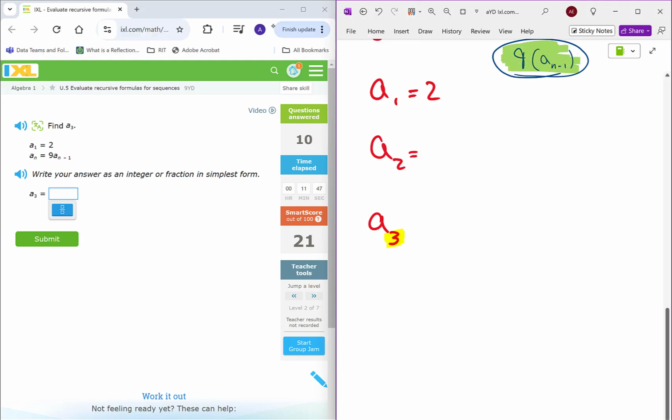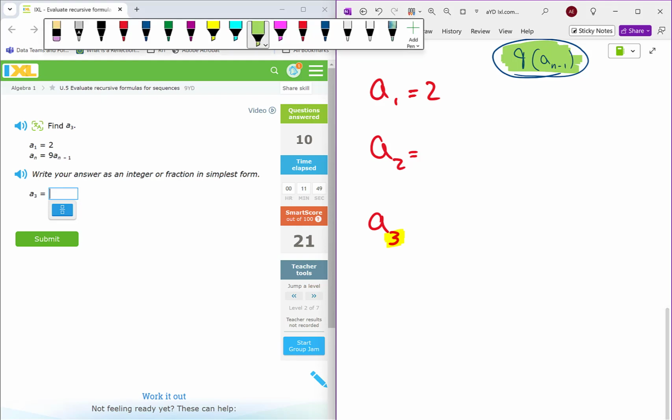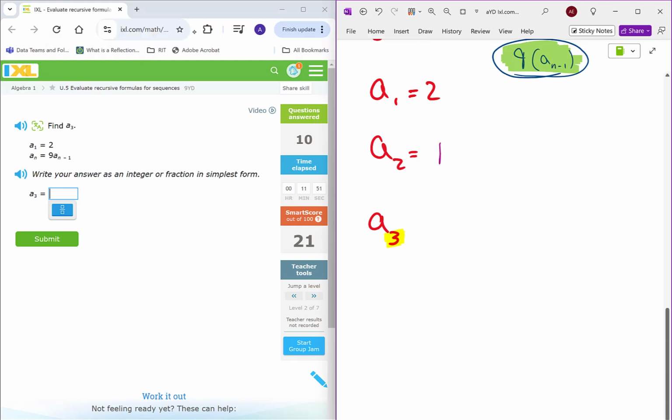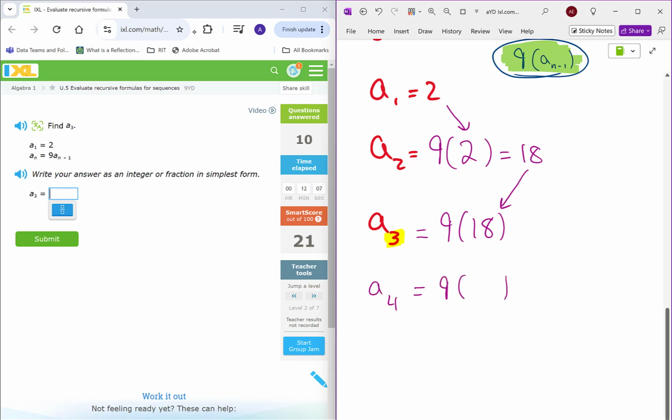Anytime I do a term, I'm looking at that. So I'm like, okay, well, it's going to be 9 times the previous term. It's not doubling. That's where I was kind of making mistakes. So then when I do 4, it's 9 times the previous term. And then when I do 5, it's 9 times the previous term.